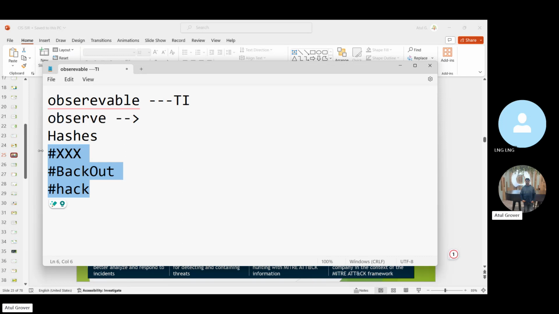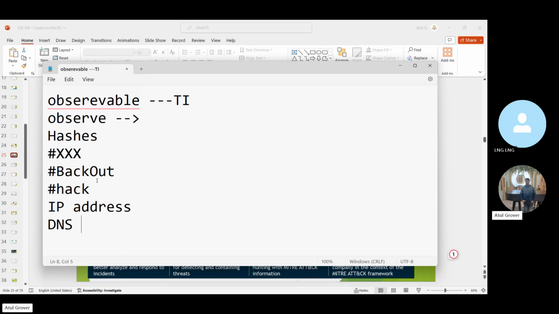Maybe something can be going out or coming into my system. The second is the IP address. Let's say in an email I got an IP address and I'm not sure what it means. Under observables, we can observe whether the IP address is coming from my network or from an unsecured network outside.